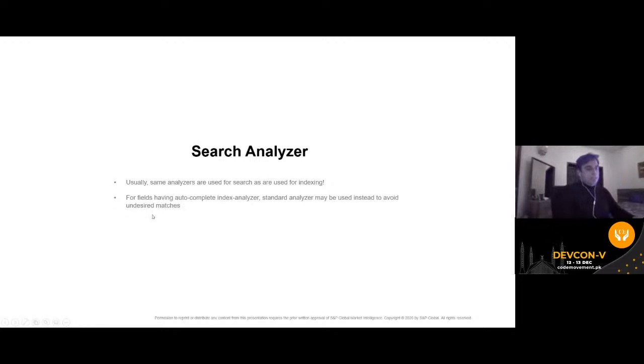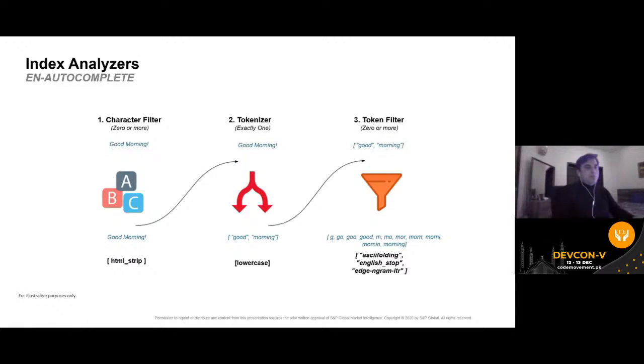Why? Let's say we use the same index analyzer and search analyzer. Even if I type the text great, the first G would match with this document, which is absolutely irrelevant.